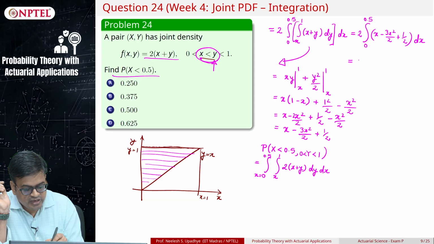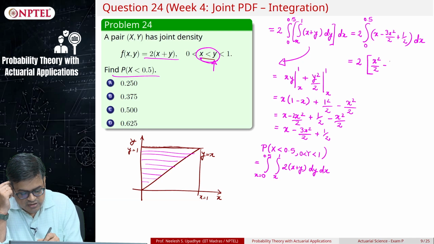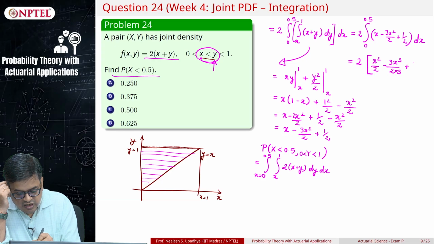So 2 will remain as it is, and then this x will become x square by 2 minus 3x cube by 2 into 3 again, okay, plus half x. So it is x by 2 evaluated from 0 to 0.5.